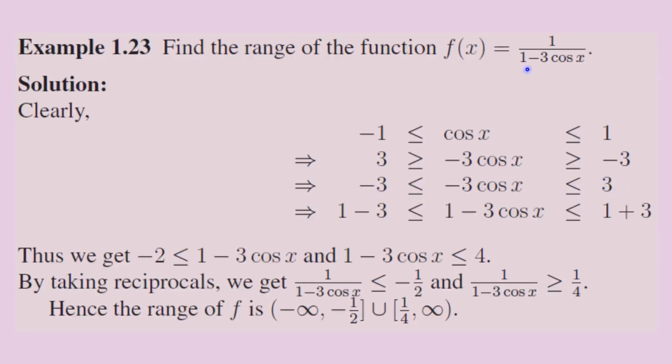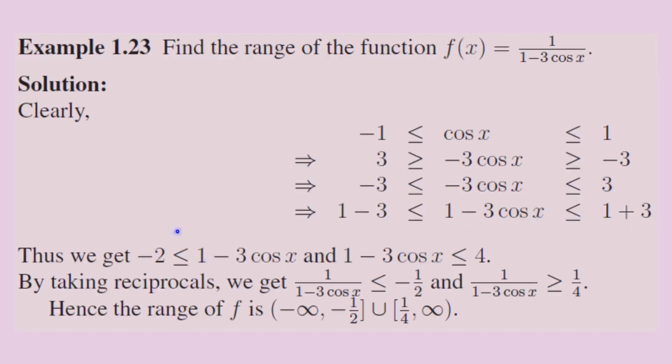Next இங்க 1 minus இருக்கறதால எல்லா term-லயும் first ஒரு 1 add பண்ணிக்கிறாங்க. So 1 minus 3 less than or equal to 1 minus 3 cos x less than or equal to here 1 plus 3 கிடைக்கும். This is nothing but minus 2 less than or equal to 1 minus 3 cos x, and we separate this as two terms: 1 minus 3 cos x less than or equal to 4. அப்படின்னு ரெண்டு term-ஆ split பண்ணிக்கிறாங்க.